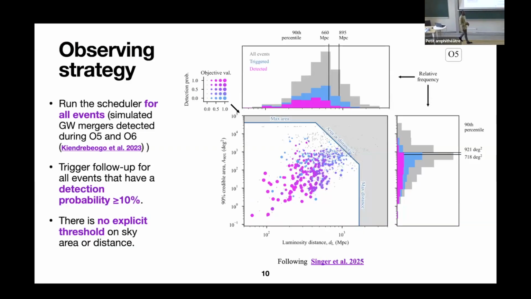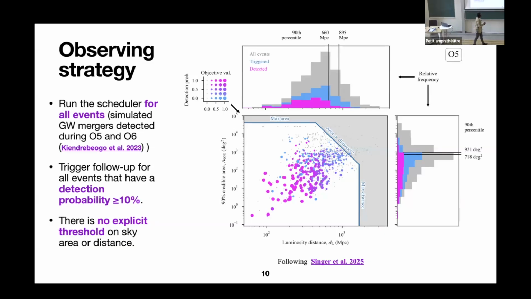We run our scheduler on all the simulated gravitational wave detections during O5 and O6, and we selected all the events with detection probability more than 10%.